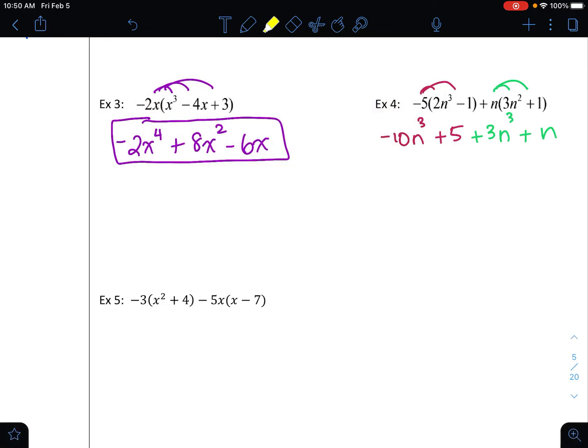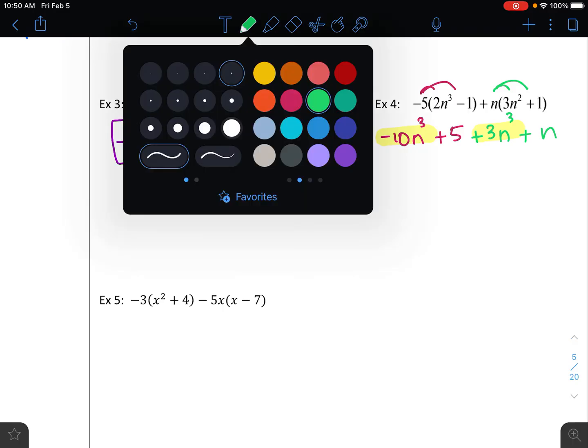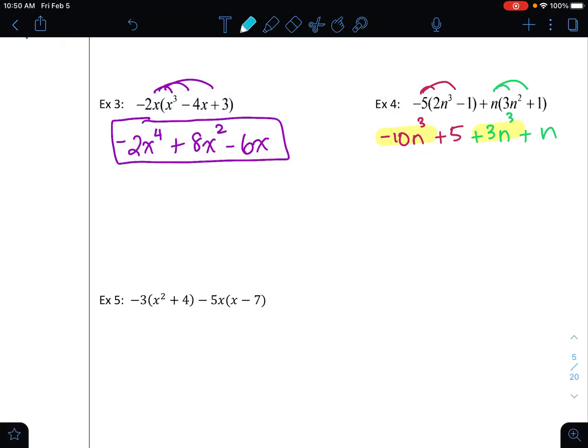All right, so let's find like terms. N to the third and n to the third. So I have on this one negative 10. Now I'm adding. So when I add terms, I simply combine the coefficients, the numbers in front of the variables, and bring the variables down. So negative 10 plus 3 is negative 7. And like I said, just bring the variable down.